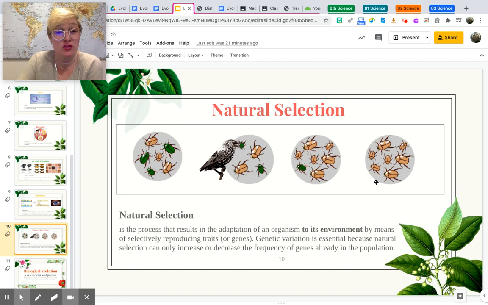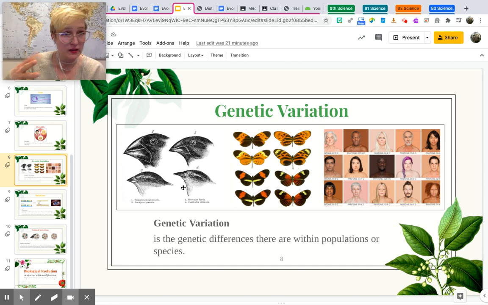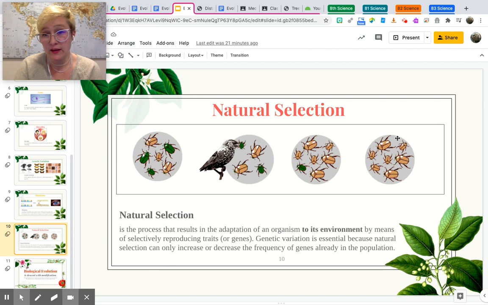So that's why it's so important to have lots of variation, because you don't know how the environment is going to change. You want lots of different variation in there for natural selection to work with. Let's say this is the brown beetle population, but climate change happens, or some other thing where the environment changes, and now all of a sudden the dirt is purple.